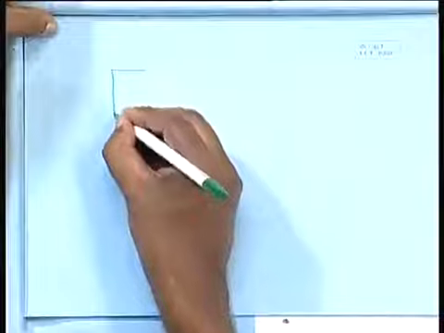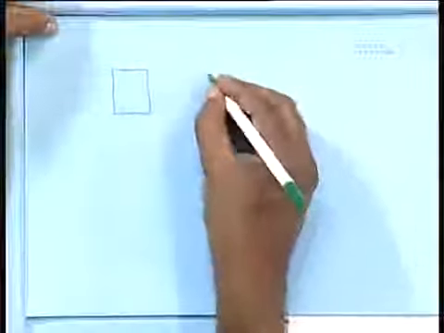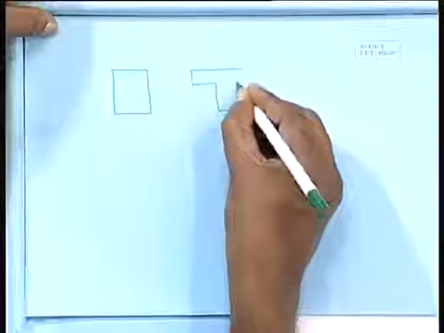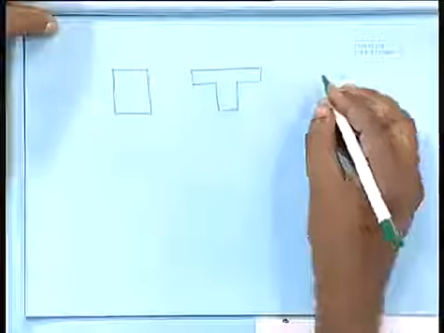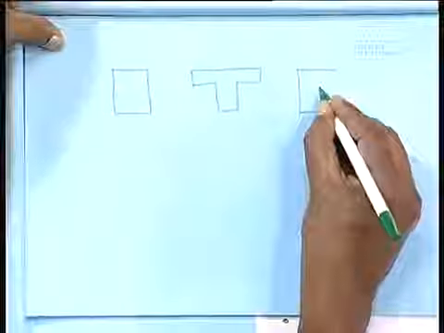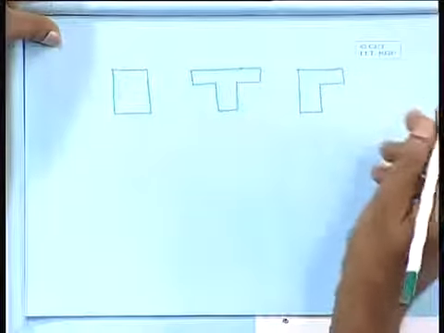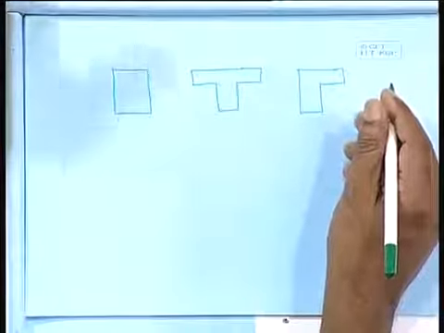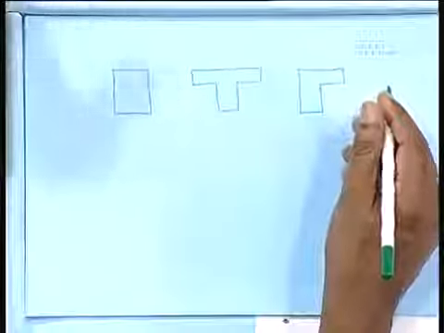This is one part. The second part is that your section will not necessarily be a simple rectangular or T-beam or L-beam. Sometimes you have to design a section which may be of a different shape.